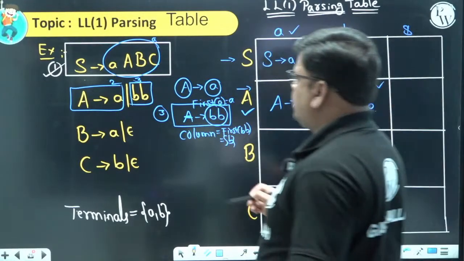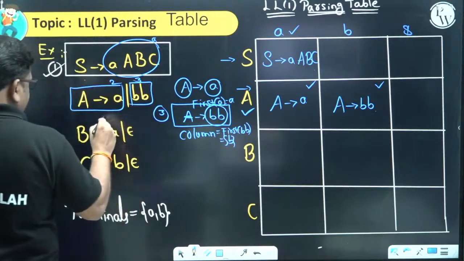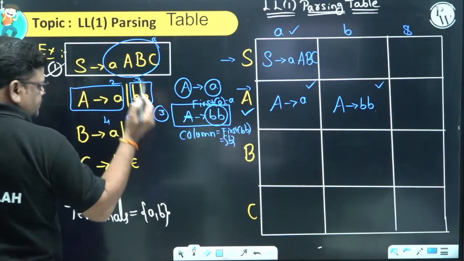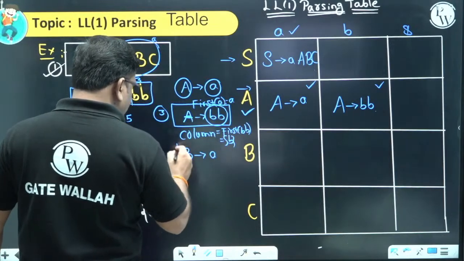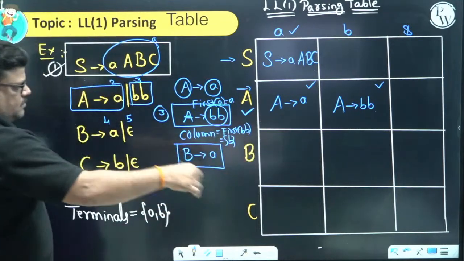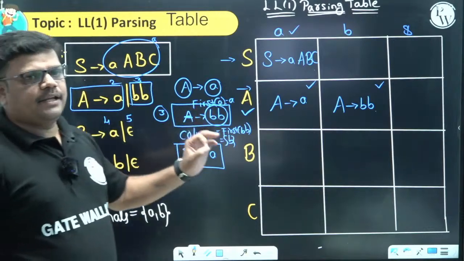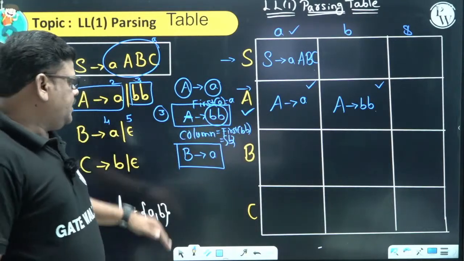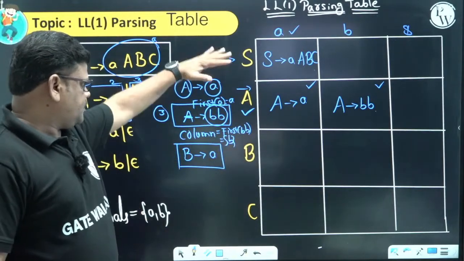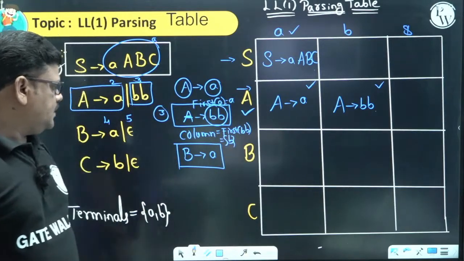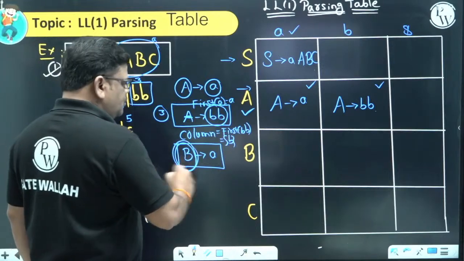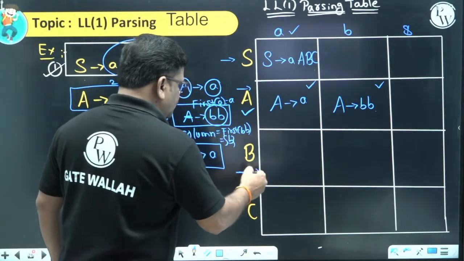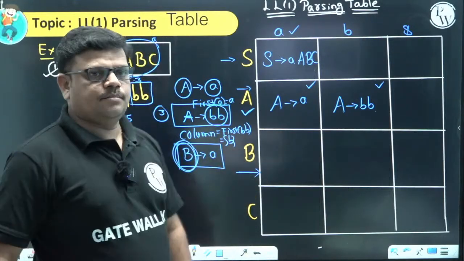Similarly, we have the fourth production. To place the fourth production in this table, what should my row be? In which row does it have to be placed? The rows are defined with non-terminals. So the left hand side non-terminal, B, should become my row to place this production.